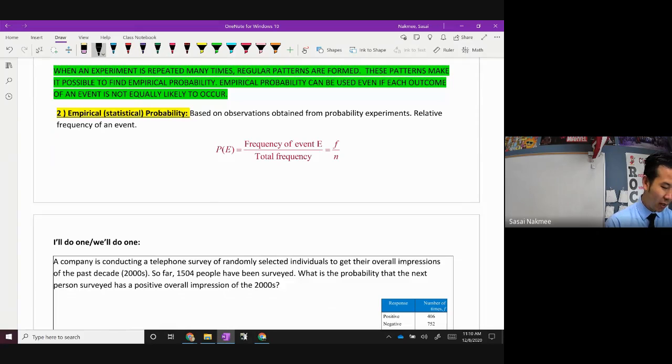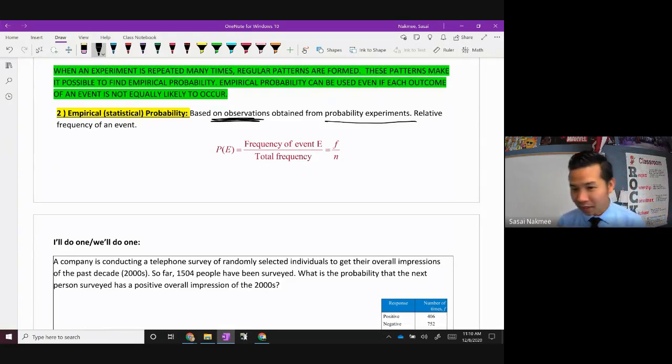All right, so let's take a look at this. Empirical probability is based on observations obtained from probability experiments. So you observe what you do and then you write it down, right? So for example, and you don't have to write this down just yet, classical probability, when you flip a coin, the probability of you getting heads is 1 out of 2.